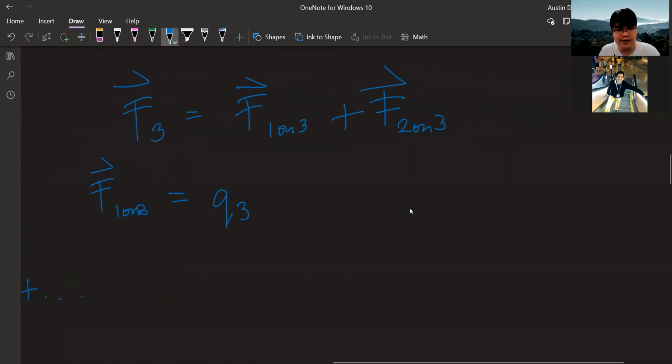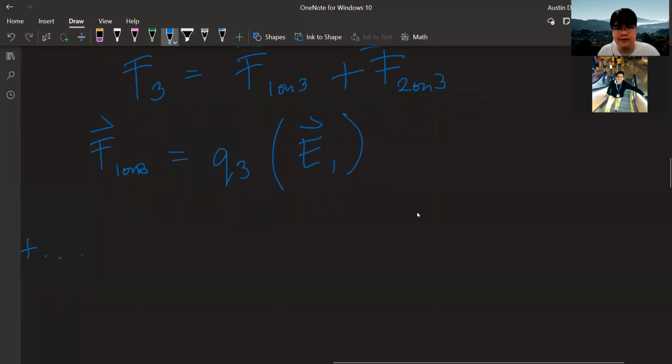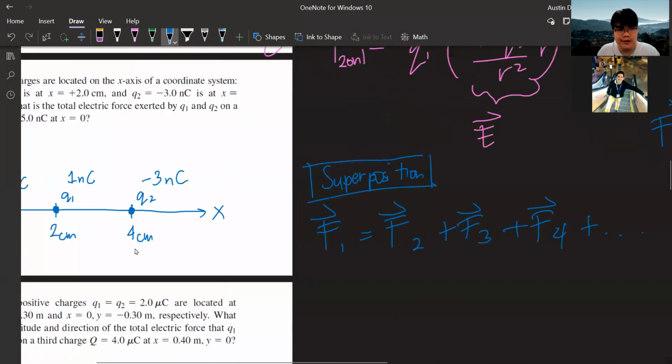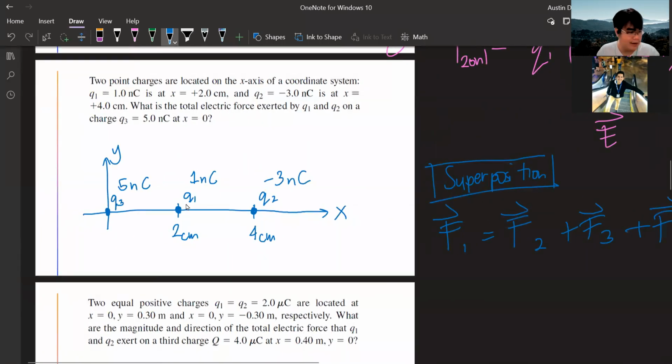Q3 yung in question ko, di ba? Tapos the electric field of 1. Okay. So tingnan ko muna tong si Q1. Paano yung electric field niya, guys? Di ba radially outward?